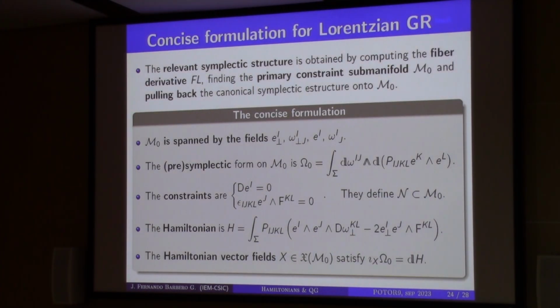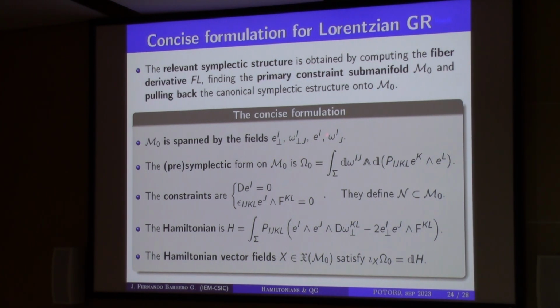So finally, what do you get if you follow this approach or the GNH approach? So what you get is what we call the concise formulation, and it can be summarized in a few lines. So your phase space, which is actually a primary constraints of manifold, is spanned by these objects. So you have no momentum.